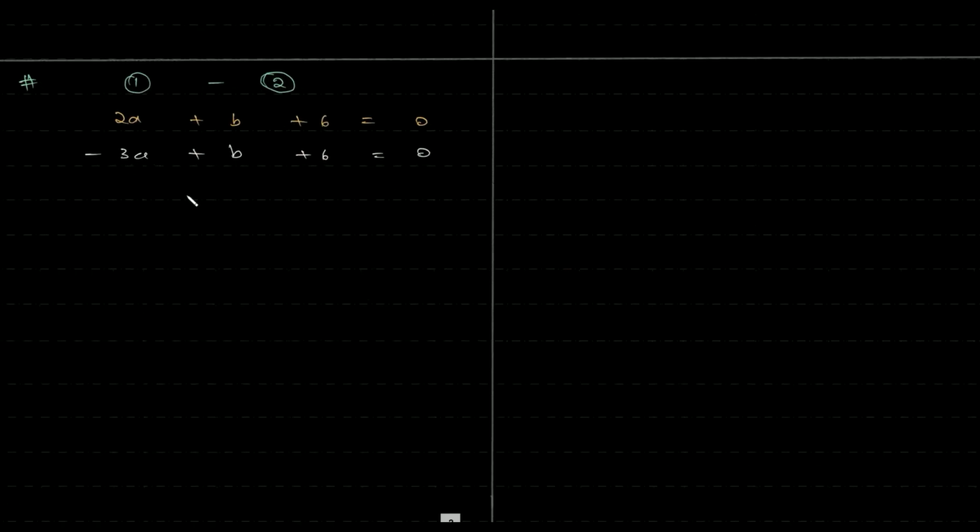Since we are subtracting, what happens to the sign? It changes. So it becomes plus, or you guys can do it the other way, it's left to you. This becomes minus, minus. And this clearly gets cut, this also gets cut, and we have 5a is equal to 0.